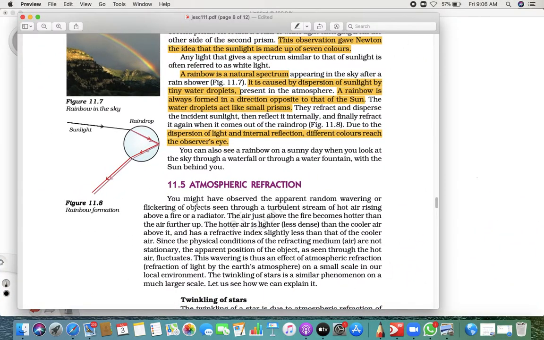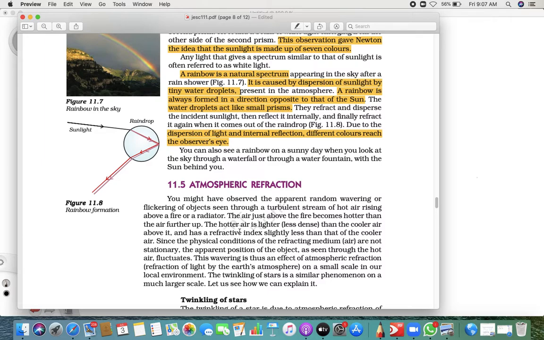See, so the first thing is the apparent random wavering of a turbulent steam or a hot water fire or a radiator, right? The air just above the fire becomes hotter than the air further up. The hotter air is lighter, means less dense, and the cooler air is denser. So the refractive index differs. When the air is hot, will it be more dense or less dense?